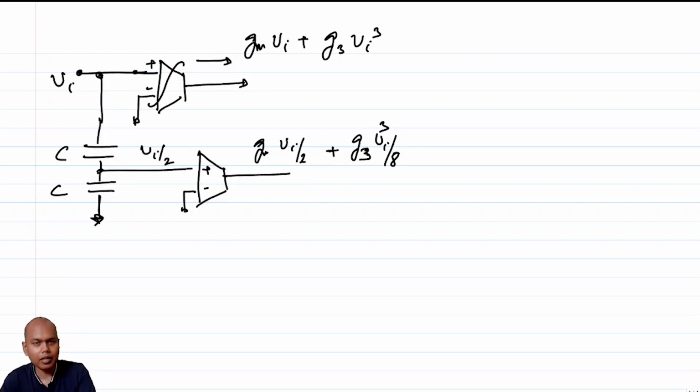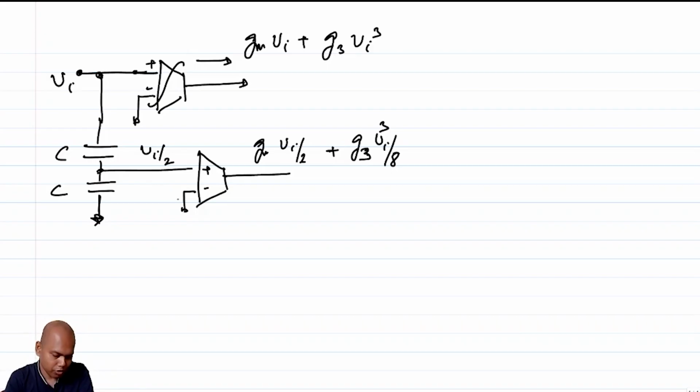And then I have to multiply this current by 8x. How do I multiply current by 8x? Alternately, you copy the same circuit 8 times and add up currents. How do I add up currents? These are all voltage controlled current sources, so you basically join the outputs of the current sources together and you add up currents.